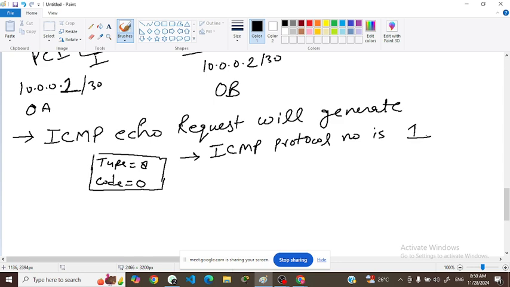Is it clear? So this PC1 is generating the request. So what is the source IP? 10.0.0.1. One minute.